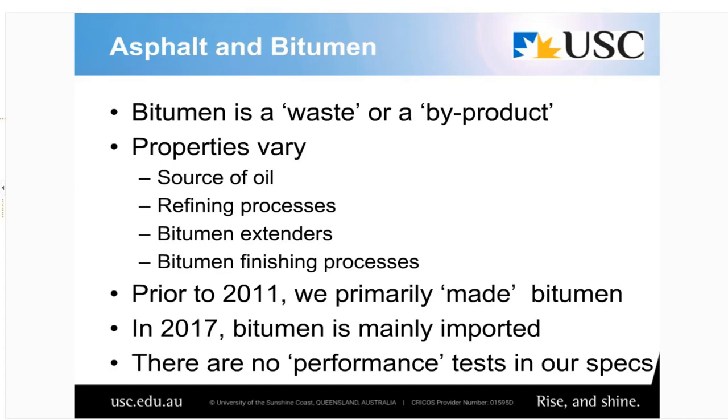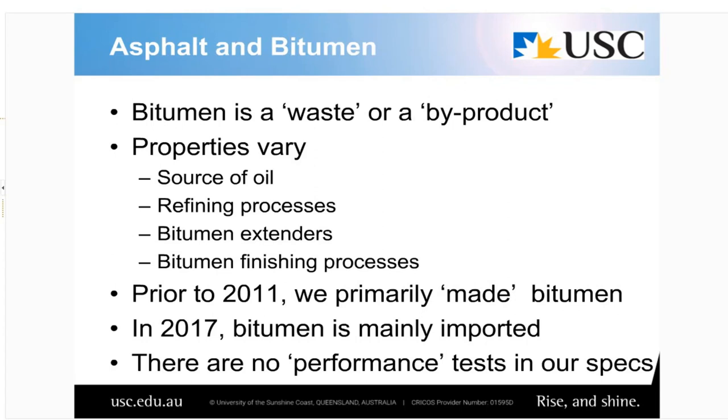Because it's a byproduct, it's not necessarily controlled in the same way that those other products are controlled during the production process. And therefore, bitumens from different places can have significantly different properties, and they'll change depending on the source of the oil, depending on the refining processes that have been used in the production of kerosene and jet fuels and LPG and diesel and those other products.